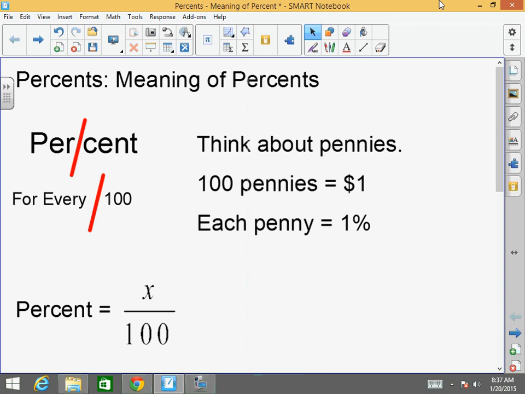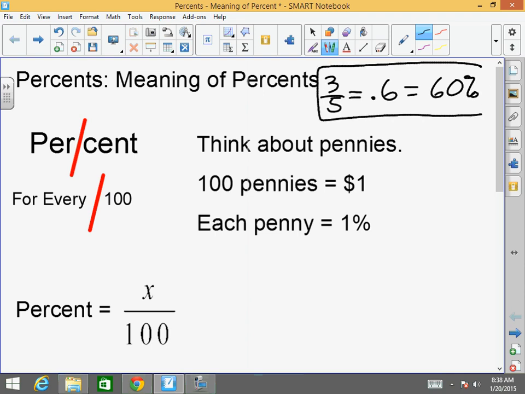I can write a fraction, for example, like 3/5, and I can convert that into a decimal, which is 0.6, and I can convert that into a percent, which is 60%. 3/5, 0.6, and 60% are exactly the same value.